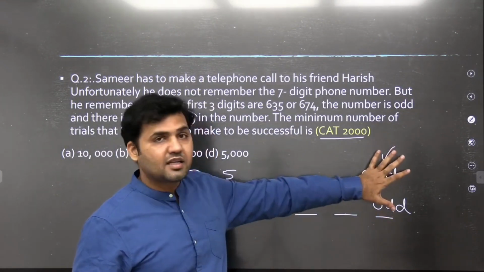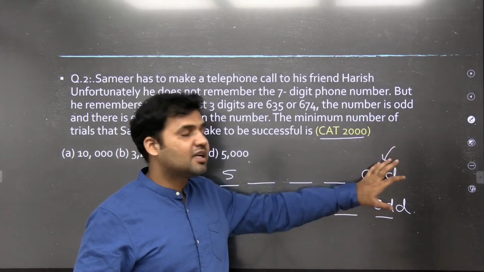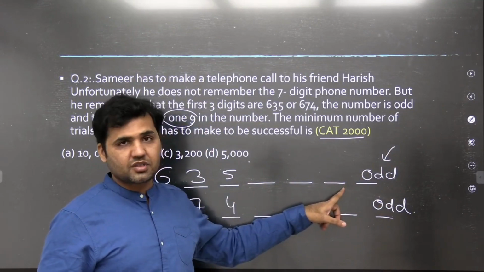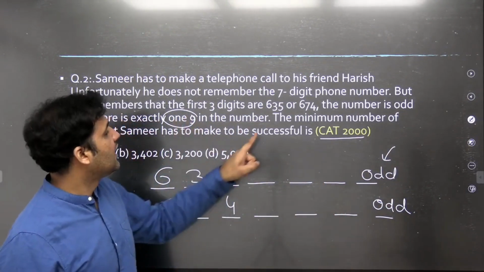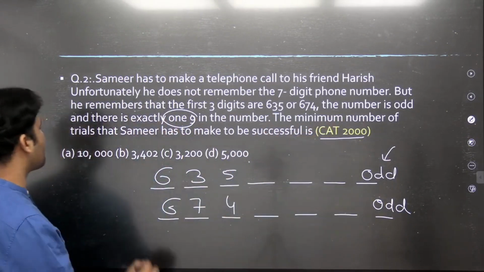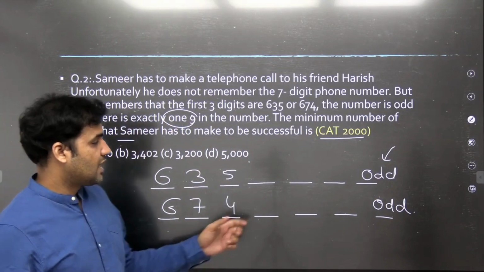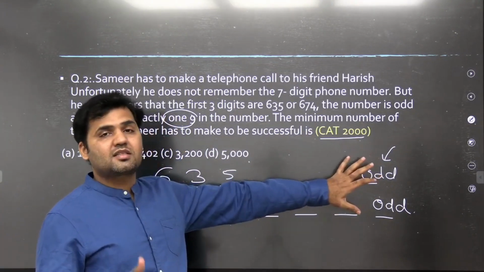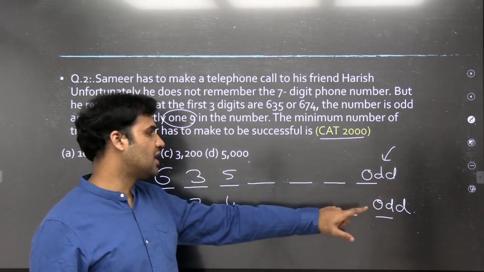But if I place the digit 9 at the unit position, then I cannot place the digit 9 in any of these positions, because the number 9 appears once only. The question is, what is the minimum number of trials that Sweet has to make to be successful? So guys, we have to take separate cases when it comes to the contradiction. We have to satisfy the two conditions.